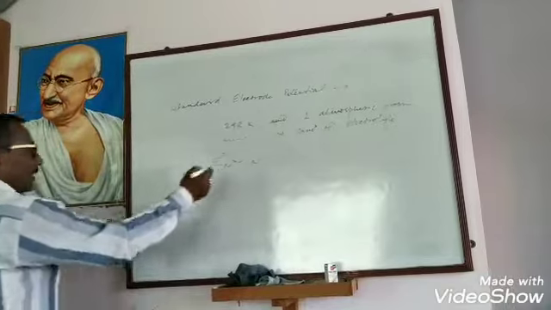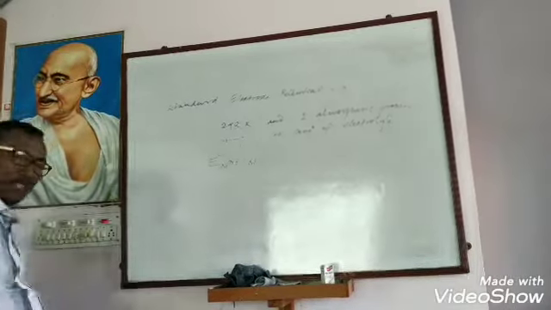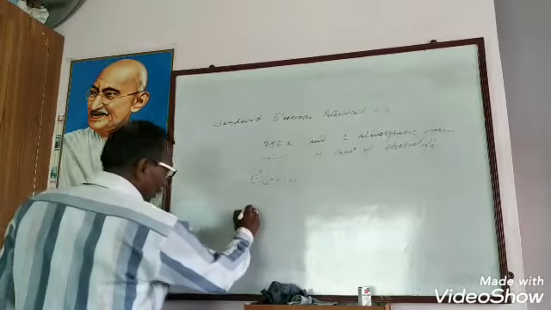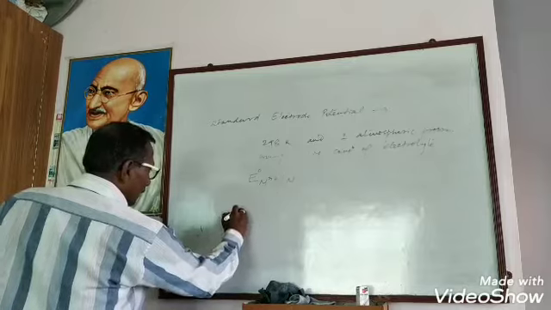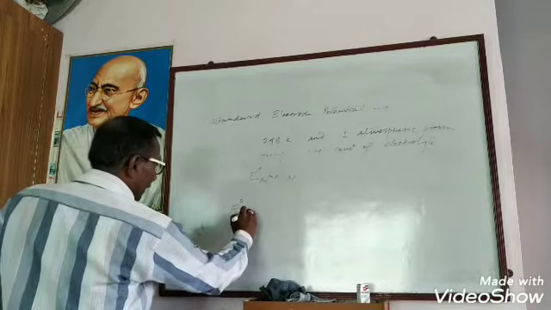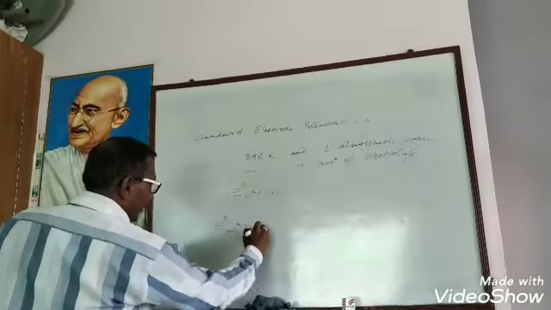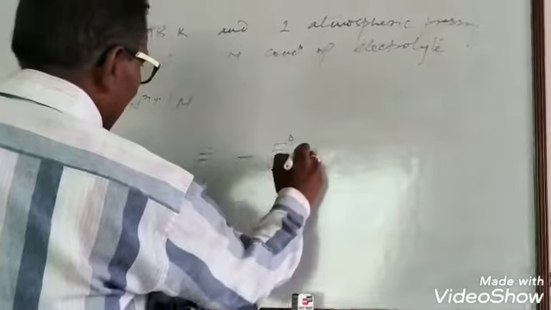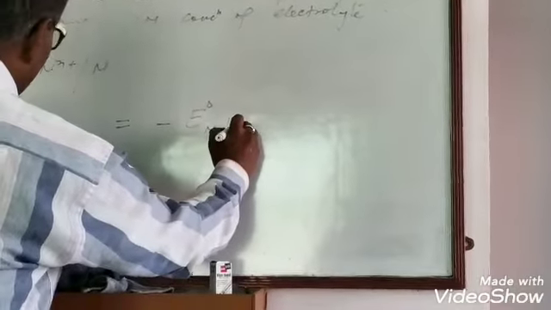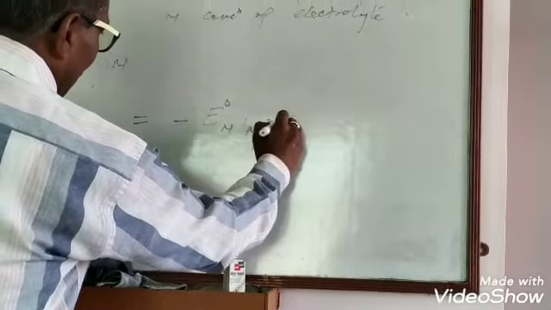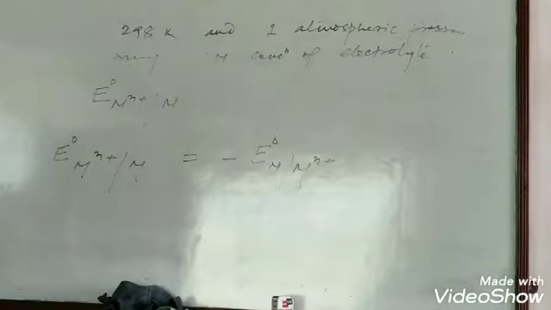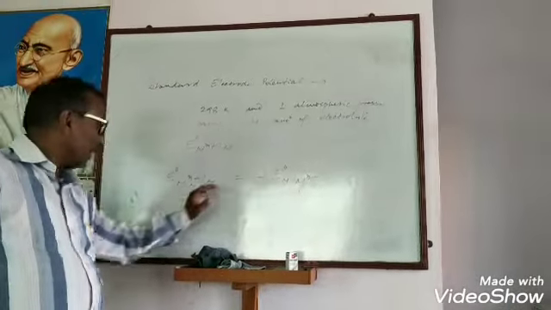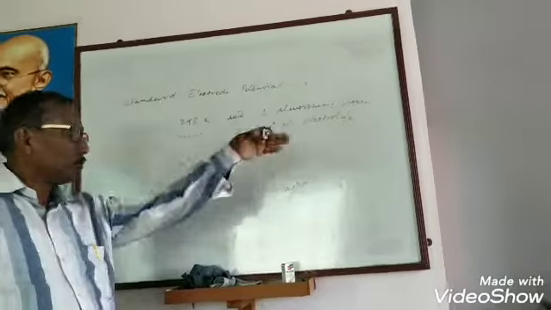Now we have a relationship between oxidation electrode potential and reduction electrode potential as E naught of M | Mn+ is equal to minus E naught of Mn+ | M. Simply by changing the sign, we can correlate these two potentials.